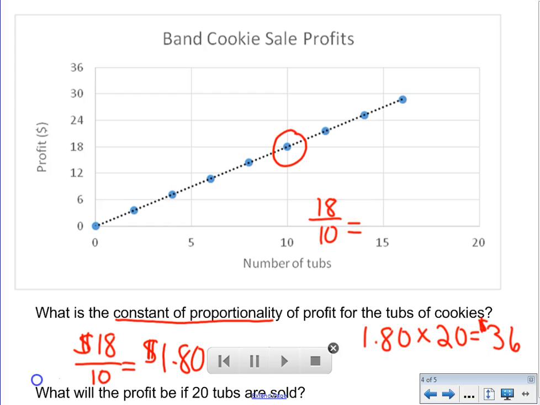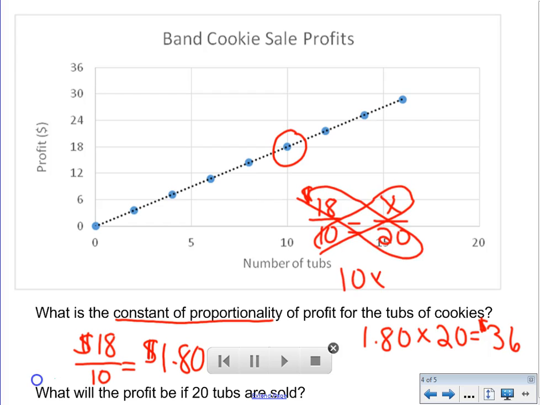They want to know how many it is for 20 tubs. Remember, this is money and this is tubs. So I can set up my proportion and cross multiply, and I would get 10x equals 18 times 20, 360, and then I can divide by 10 and get the same thing, x equals 36.